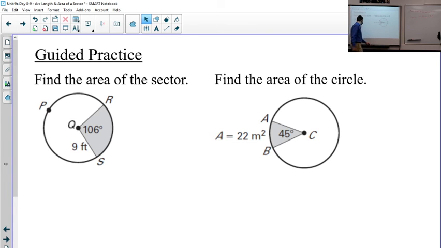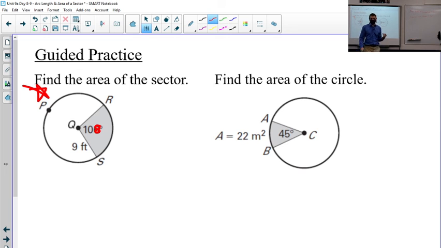So again, I'm wanting you to do this one right here. I'm going to make a change here. Instead of 106 degrees, I'm going to make this 108 degrees so that the problem is easier to work through and simplify. So I want you to do this on your own. This answer should be in terms of pi.